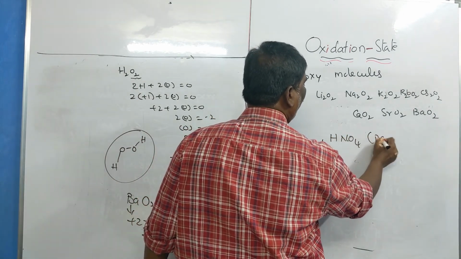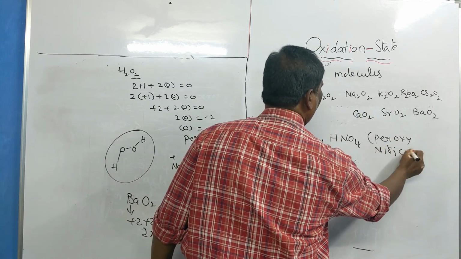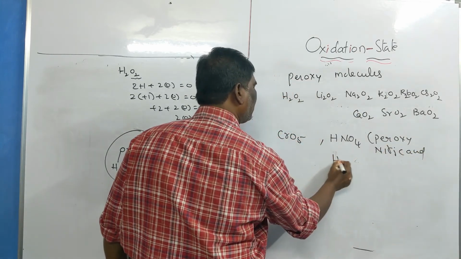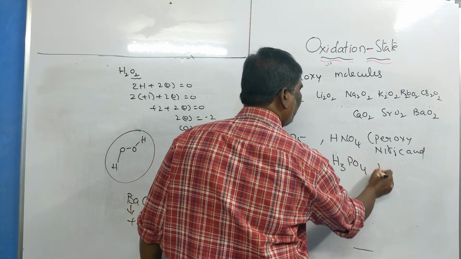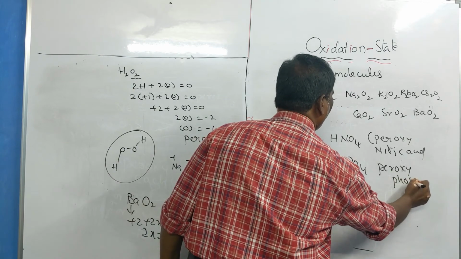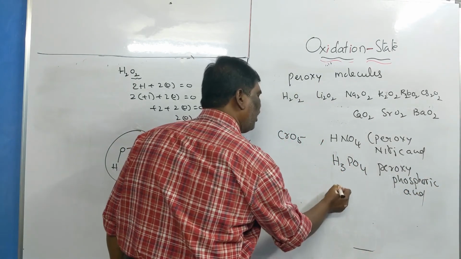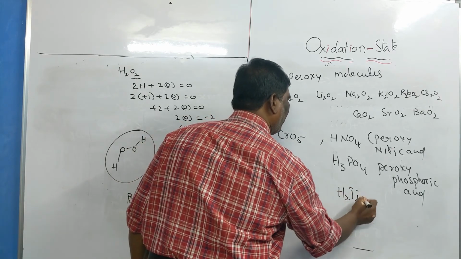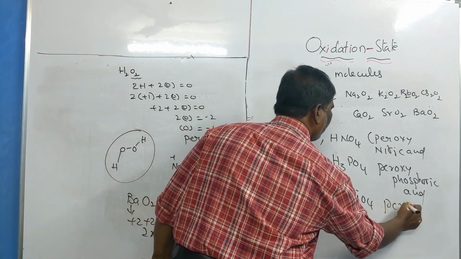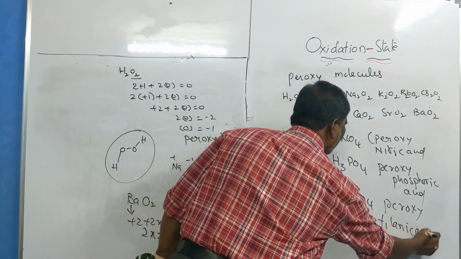This is called peroxynitric acid. This is called peroxyphosphoric acid. Similarly, we have peroxytitanic acid.